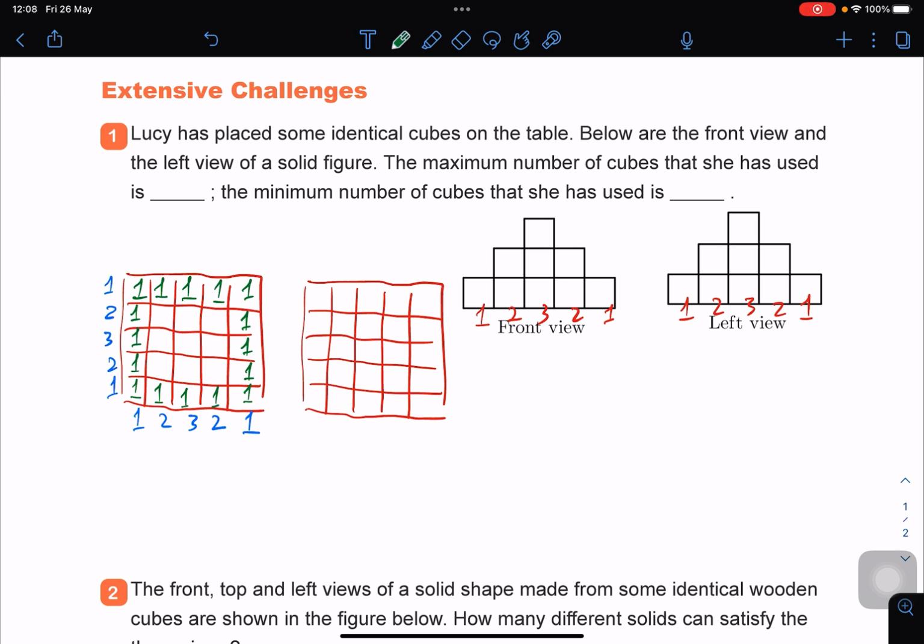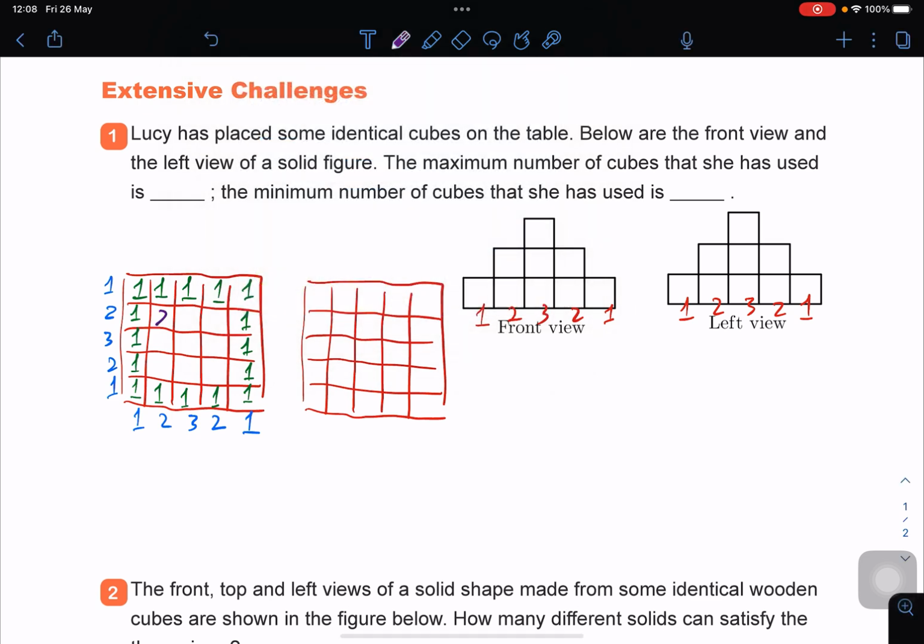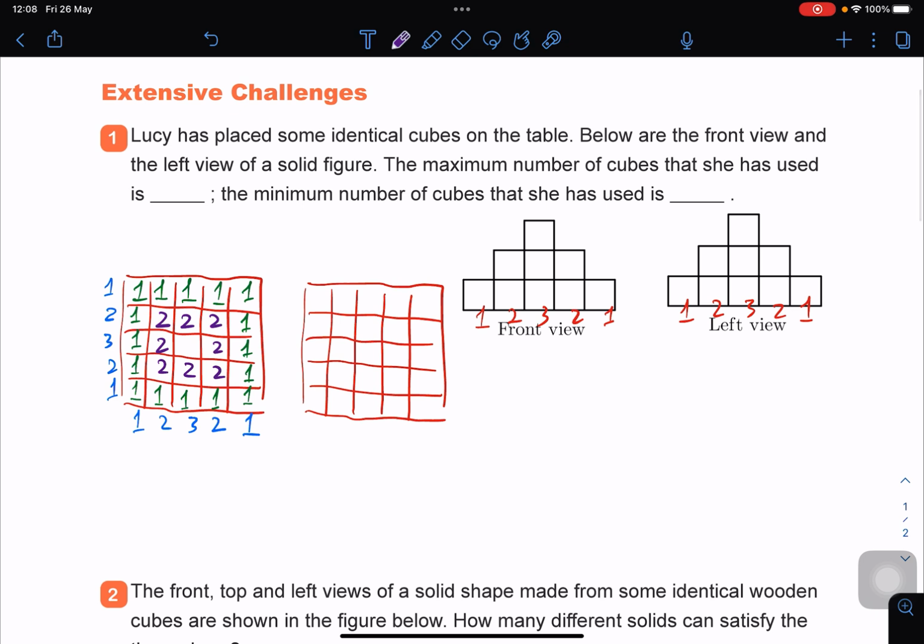And then moving on to the columns and the rows with 2s, you can see that they can be filled with all 2s.